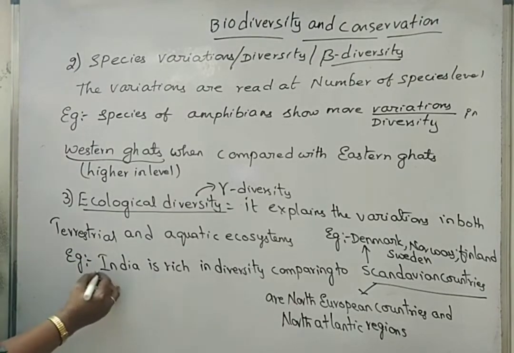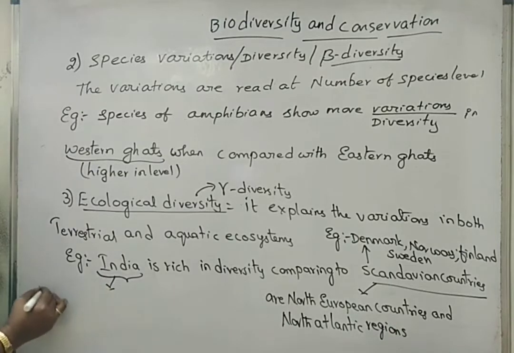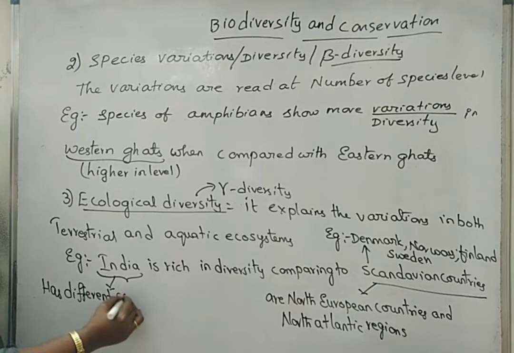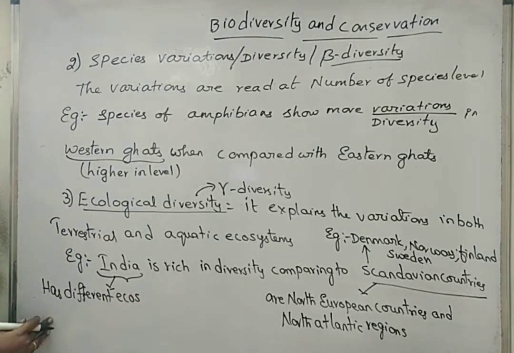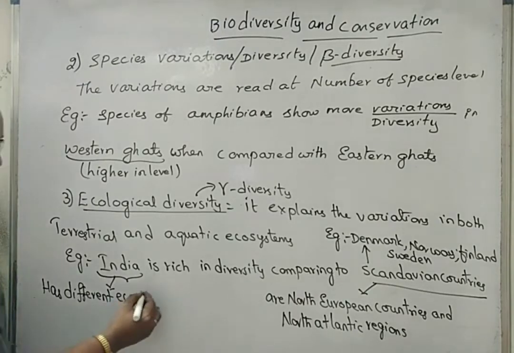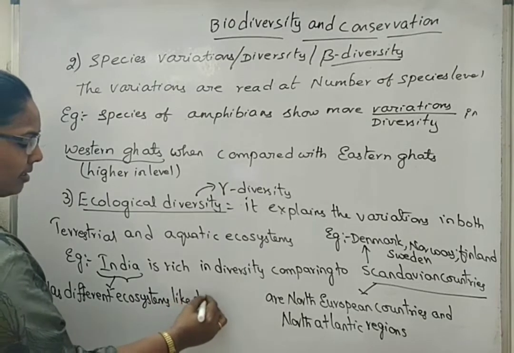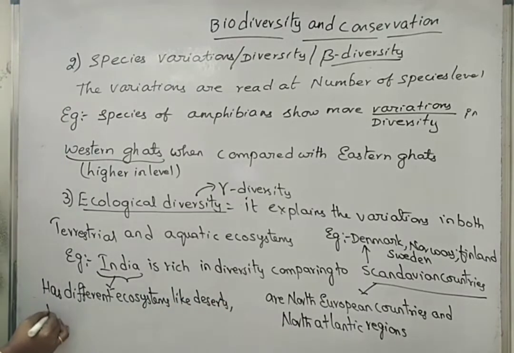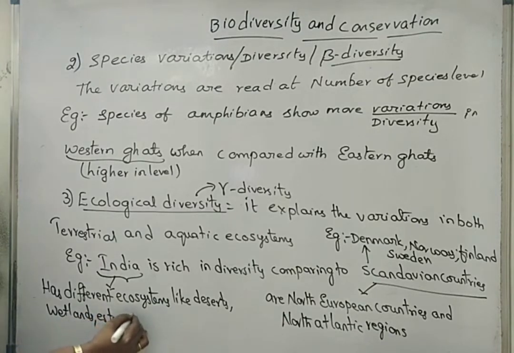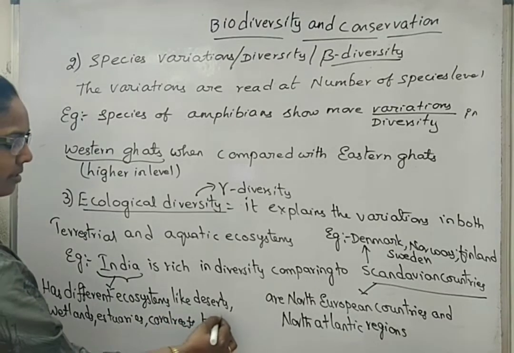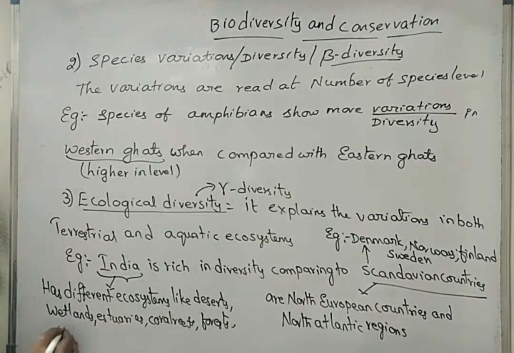So here in India, we see different ecosystems like deserts, forests, mangroves, coral reefs, wetlands, estuaries, alpine meadows, etc. Ecosystems like deserts, wetlands, estuaries, coral reefs, forests, alpine meadows.